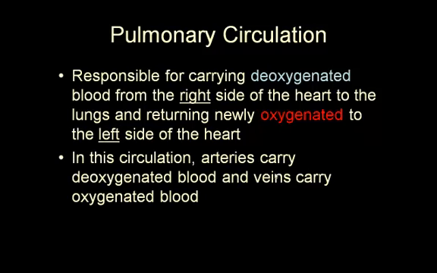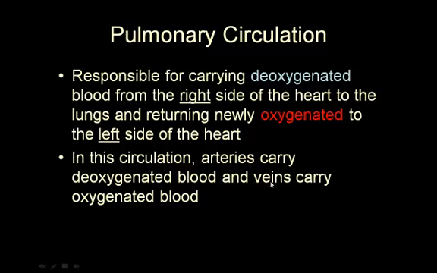In this type of circulation, this is where dogma, if you will, is broken a little bit, because arteries carry deoxygenated blood away from the heart, and veins carry oxygenated blood back to the heart. The definitions remain the same. The arteries are still carrying blood away from the heart.